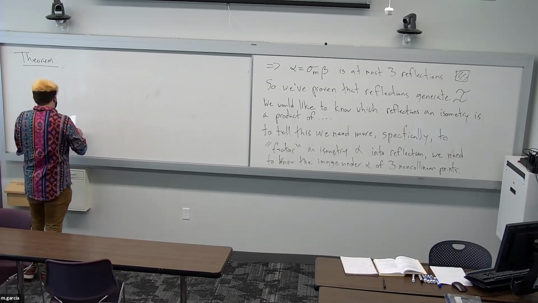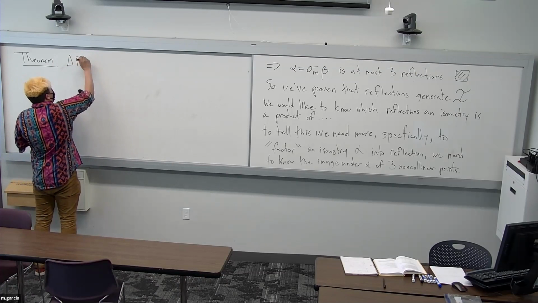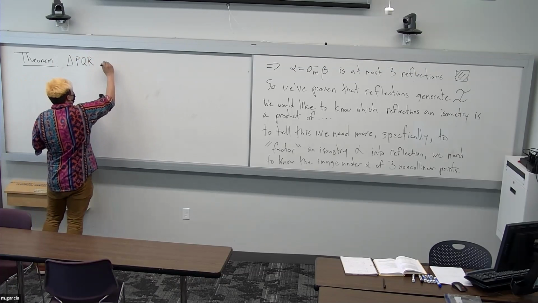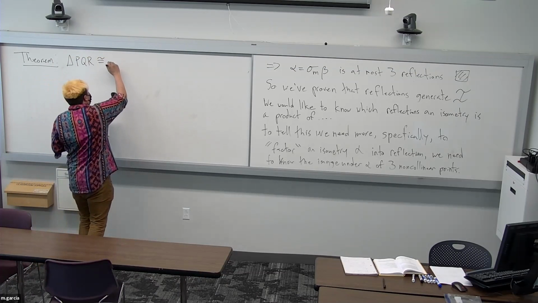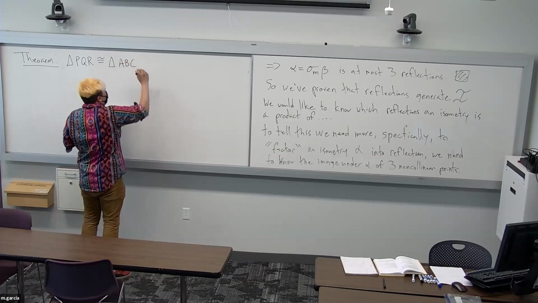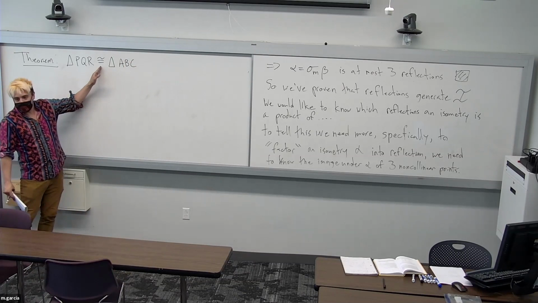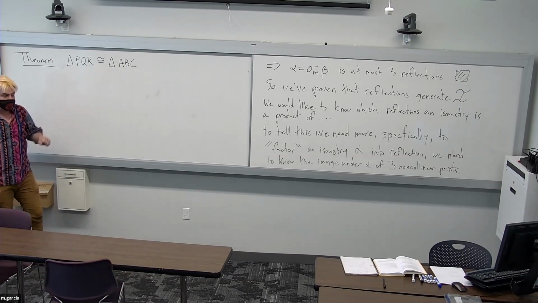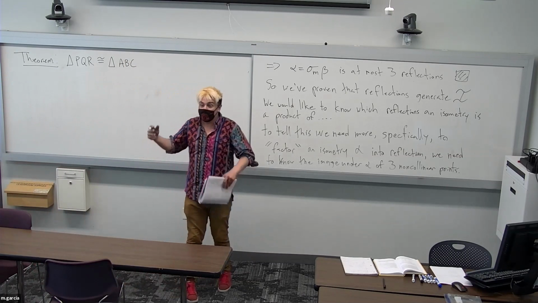So, if the triangle PQR is congruent to the triangle ABC, and of course, when you went back and read section 1.2, hopefully you recall what this means. For triangles to be congruent, it means that all their corresponding side lengths are equal.